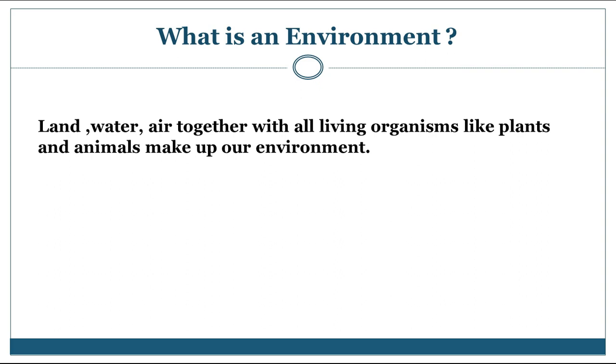Land, water, air together with all living organisms like plants and animals make up our environment. Dear students, do you know from which language the word environment has been taken?